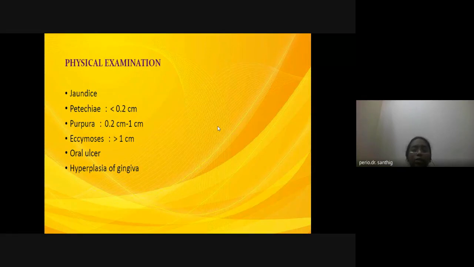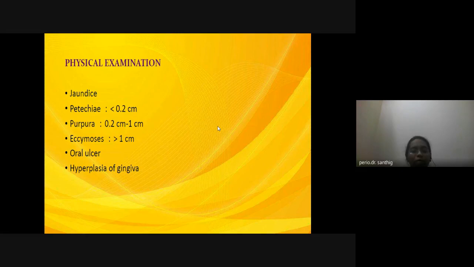Next, physical examination. In physical examination, you can look for the jaundice condition and petechiae, purpura, ecchymosis. So these are bleeding below the skin or mucosa, and based on the diameter of the bleeding, you will name it as petechiae, purpura, or ecchymosis.